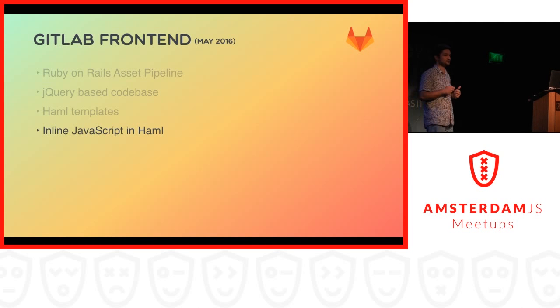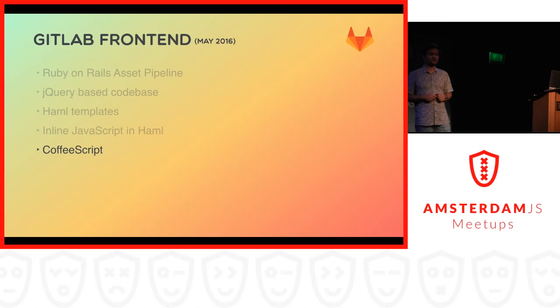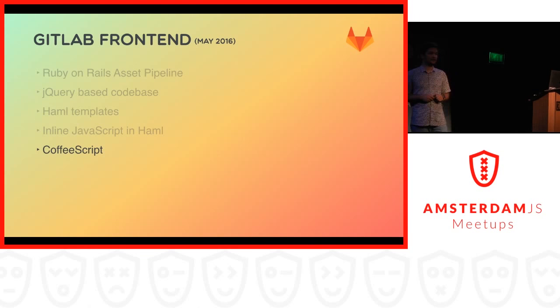for instantiating new classes or new stuff on the JavaScript side, we needed to add some JavaScript code into the HAML part. And then we were using CoffeeScript as our primary language, and we were compiling the JavaScript, of course. I really love CoffeeScript, I still love it, but it feels like ES6 can be a replacement for CoffeeScript, and that's why we replaced it.